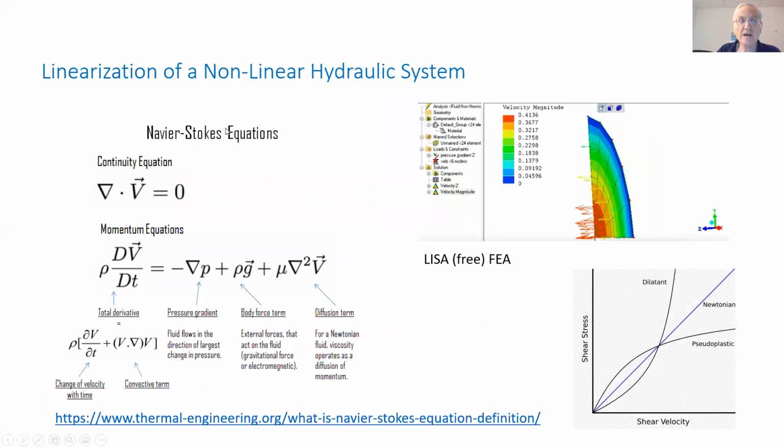Here we see a more complicated system, which is a fluid system. And we see here the Navier-Stokes equation. The Navier-Stokes equation in 3D includes the continuity equation, equilibrium equation, momentum equation. And then you see over here the variables.